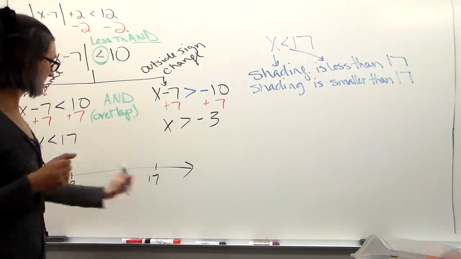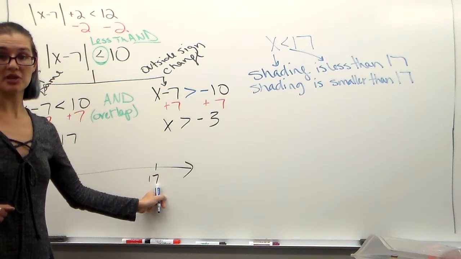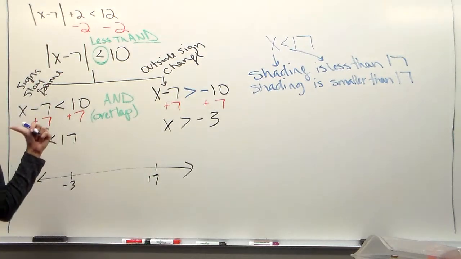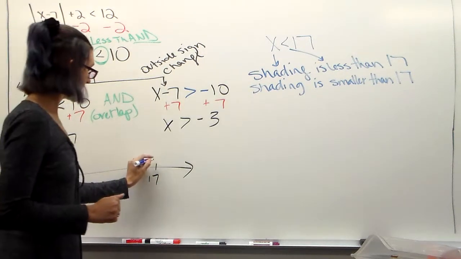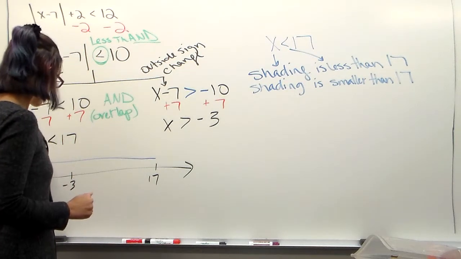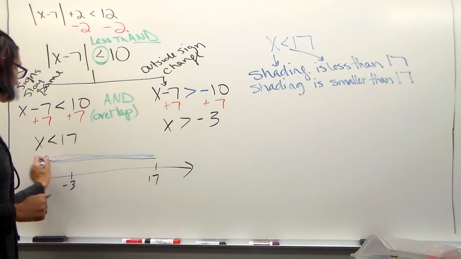So if you can find your 17, that tells us we're going to shade the smaller numbers. Well, the smaller numbers would be towards the negatives. So our shading from the 17, I'm going to do it right above it, should go this way. Should be our shading for the 17.